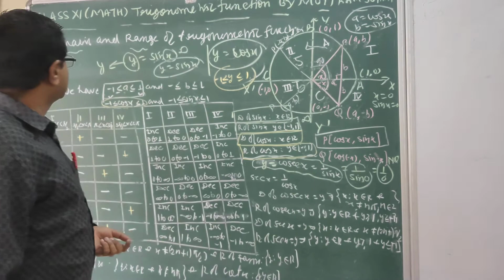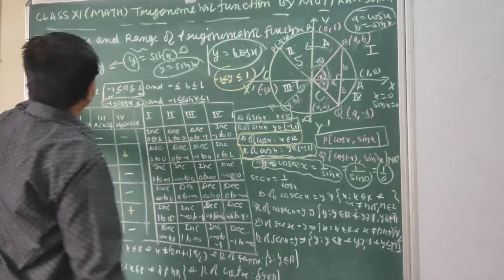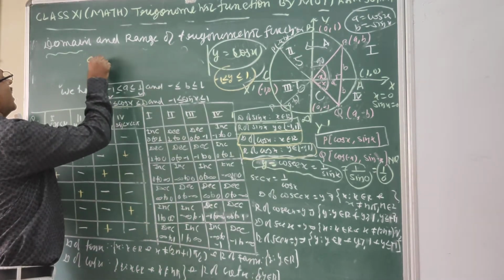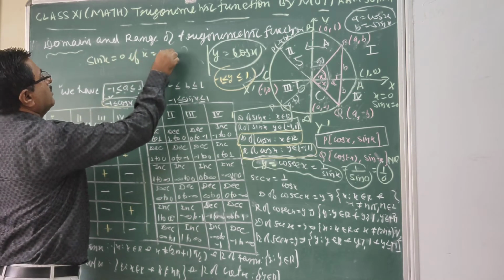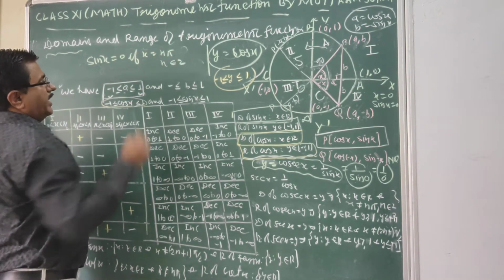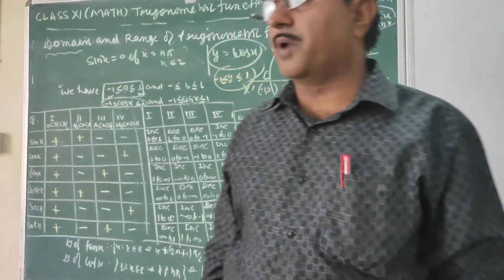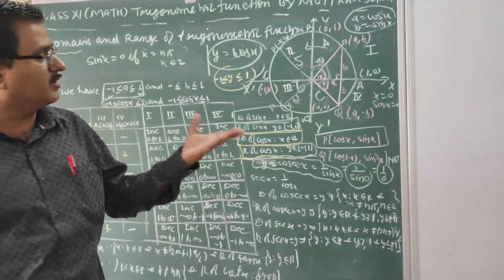We have seen in the previous topic that sin x will be 0 if x equals n pi, n belongs to integers. x equals 0, pi, 2 pi, minus pi, minus 3 pi, minus 4 pi, plus 4 pi.